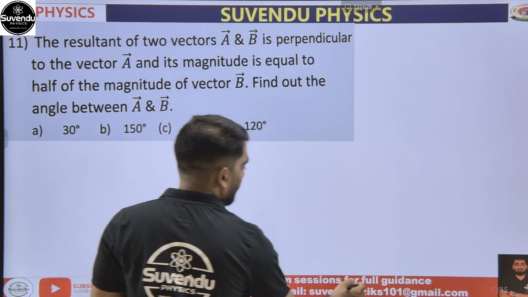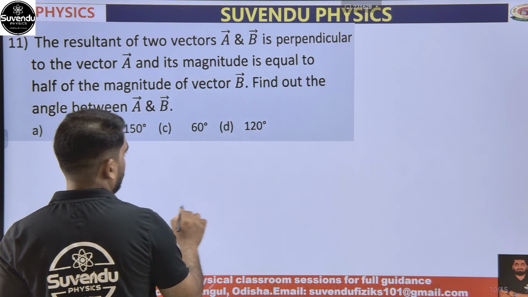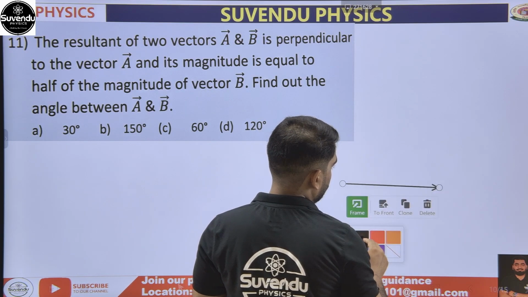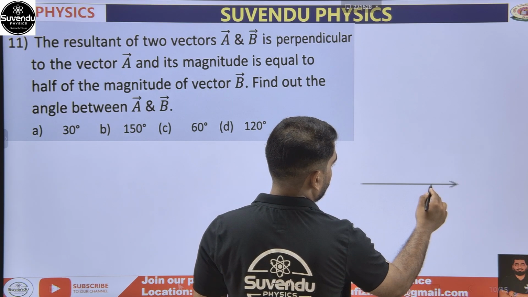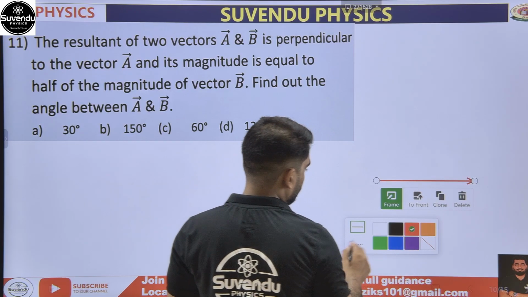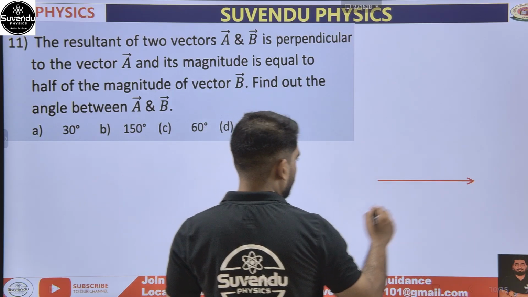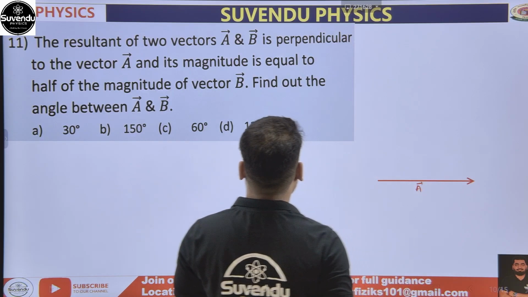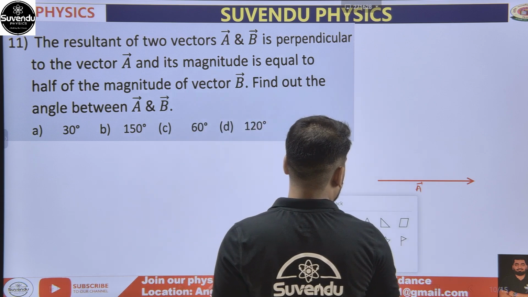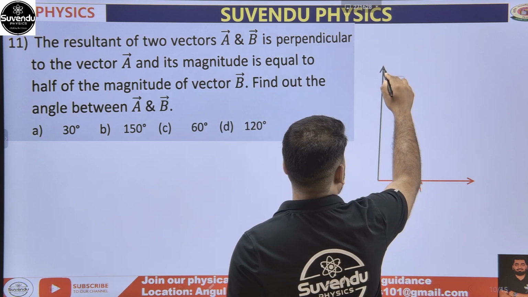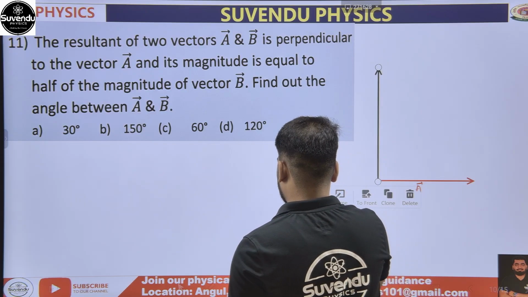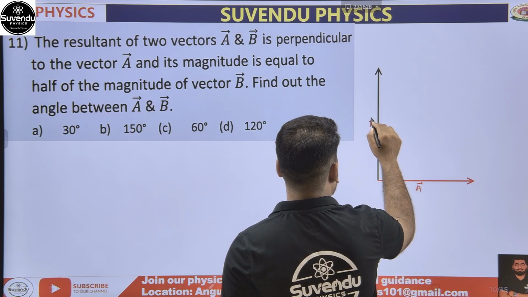Let this be your a vector, and the resultant of a and b is perpendicular to a vector. So what will the resultant of a vector and b vector be? Look, suppose this is the resultant.